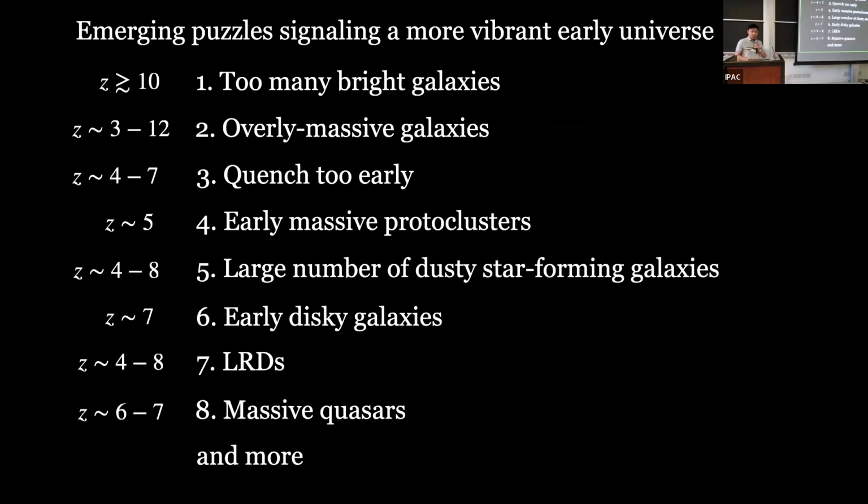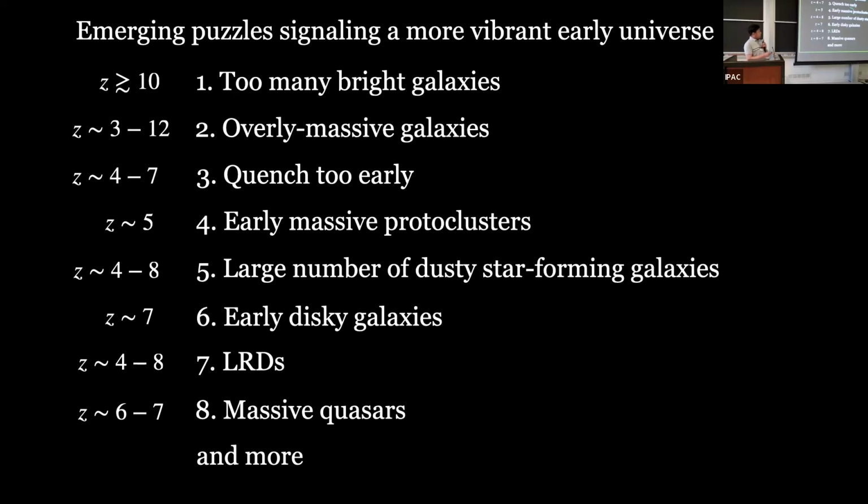The main thing I want to talk about are these emerging puzzles of a more vibrant early universe. We have heard about this in previous talks on Monday and Tuesday, that we're seeing too many bright galaxies and some overly massive galaxies across redshift with JWST. And these are not what we anticipated in classical galaxy formation models calibrated at low redshift.